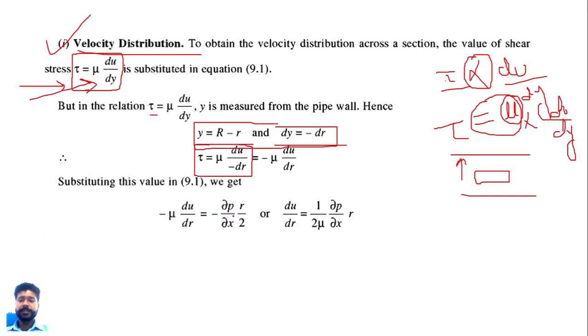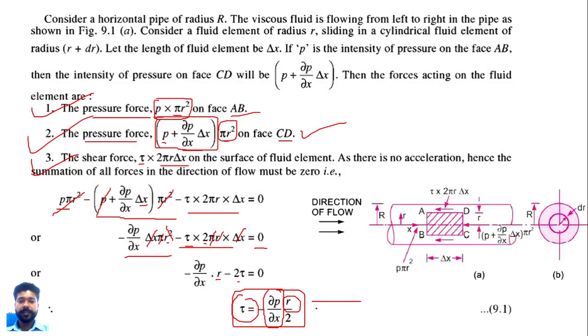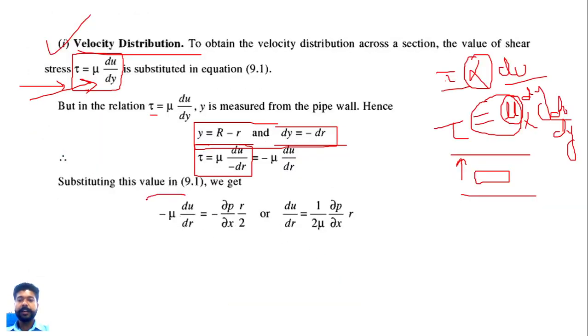So let's substitute this value in the previous equation, our equation number 1. Substituting tau over here, we can write tau equals minus mu du upon dr, and the remaining term equals minus del p upon del x into r by 2.